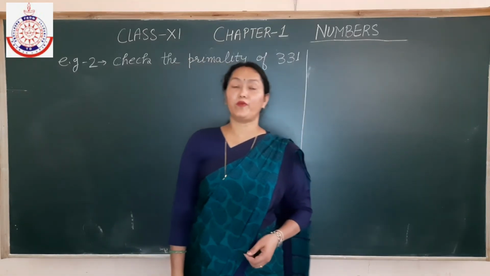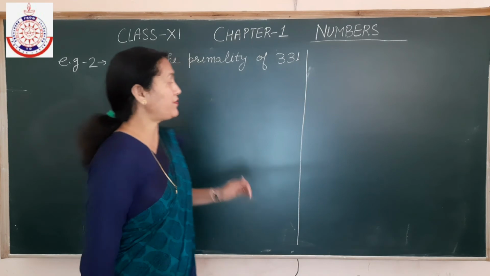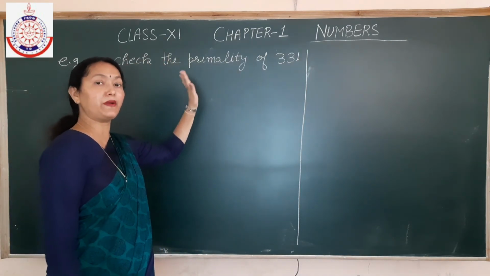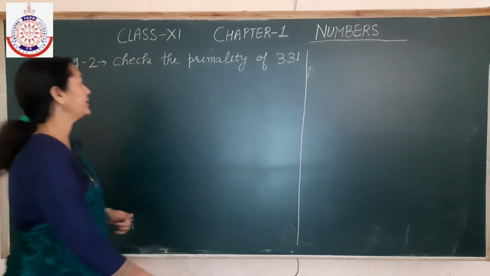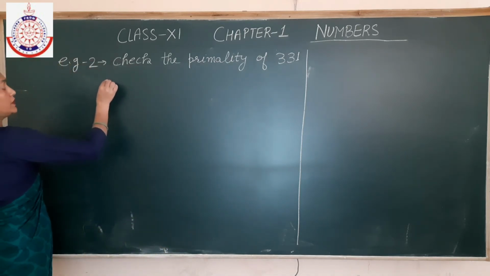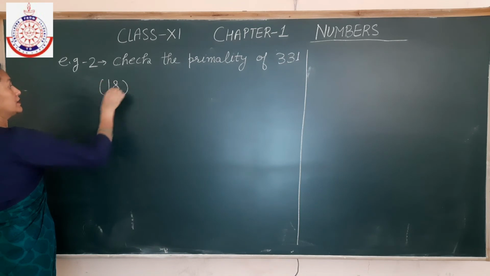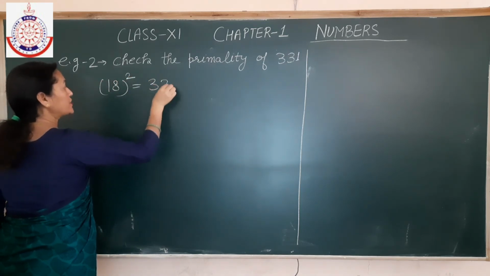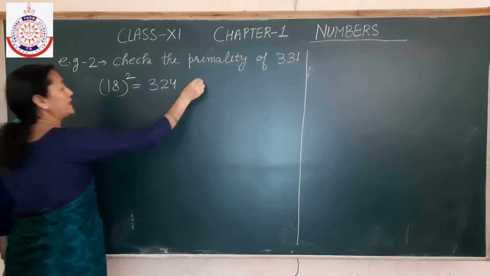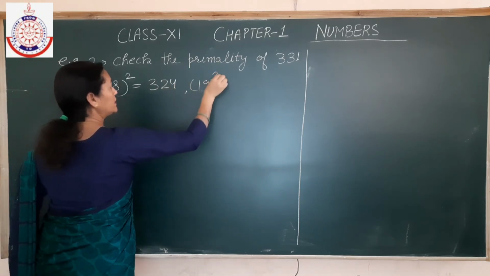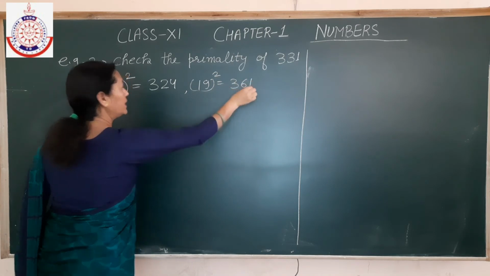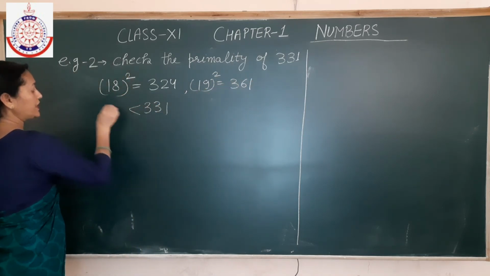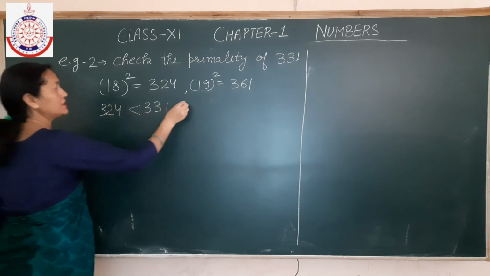Let us do one more example. Check whether 331 is prime or not, or check the primality of 331. If you know the squares, then you know that 18 square is 324 and 19 square is 361. That means 331 lies between 324 and 361.